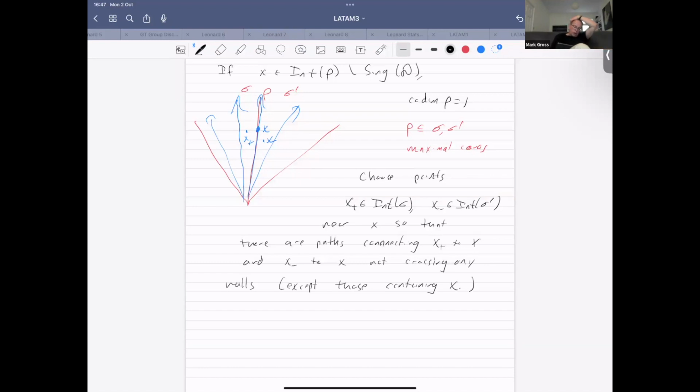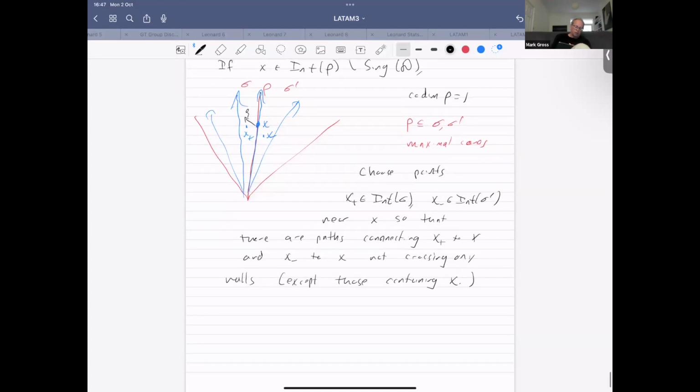Okay, and I need to choose once and for all for each such point, well, maybe I should be a little bit more careful. I want to choose a tangent vector for each rho. I want to choose a tangent vector c plus.